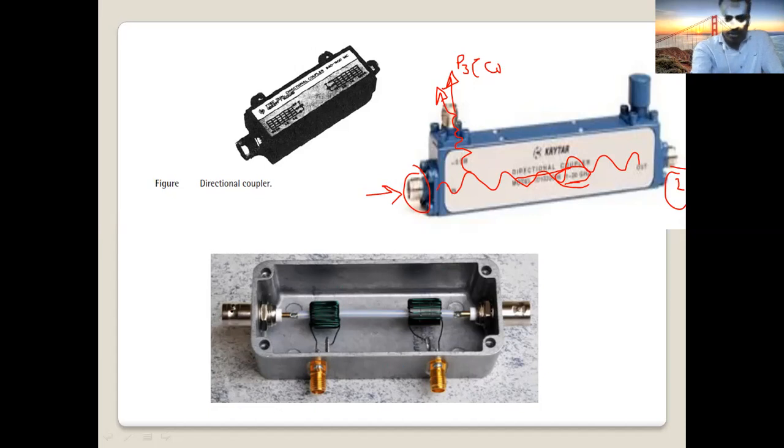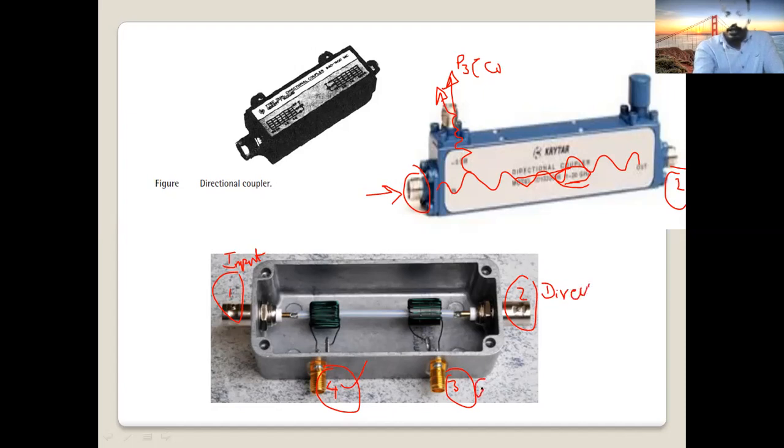You can see here, this is a different type of coupler. Again, how many ports? Port 1, port 2, direct port, port 3, coupled port, and port 4, isolated port. I will come to this isolated port. But now you know port 1 is the input port. Port 2 is the direct port.